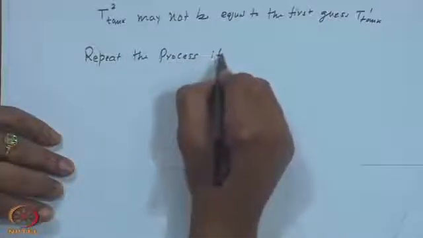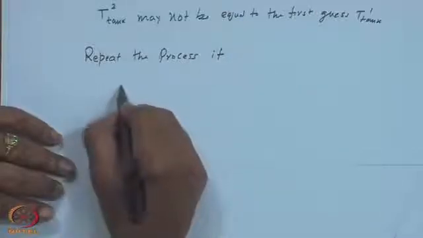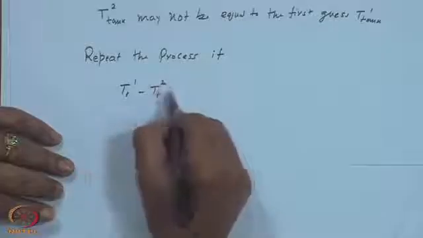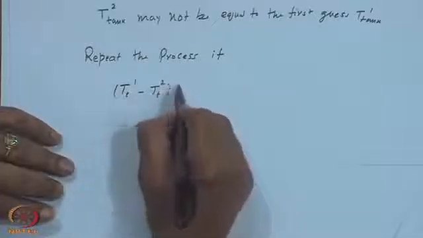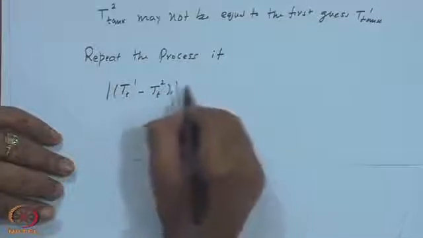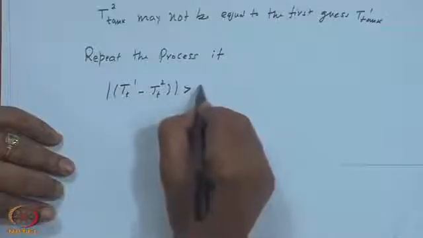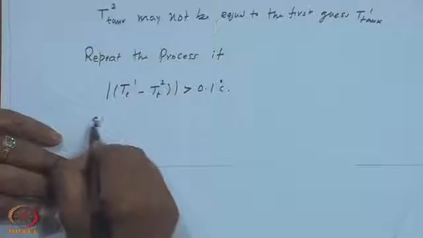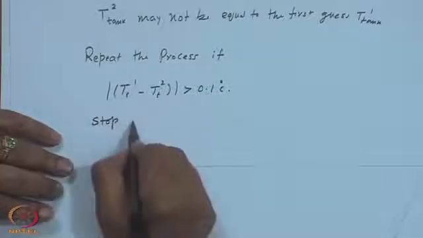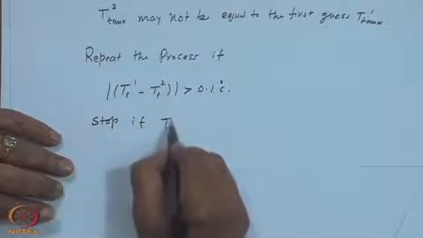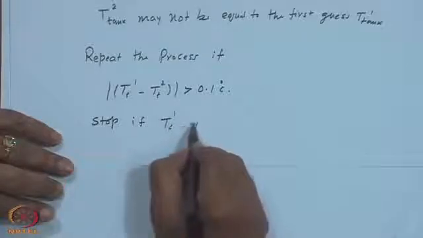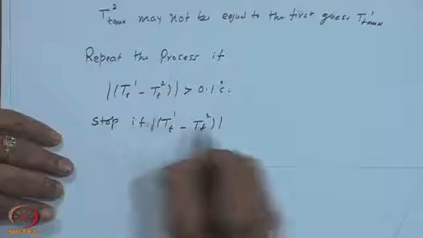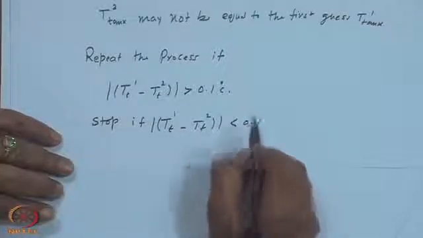If modulus of T tank 1 minus T tank 2 is, let us say, greater than 0.1 degree C, continue, or stop if modulus of T tank 1 minus T tank 2 is less than 0.1.